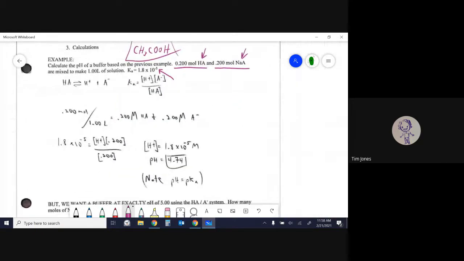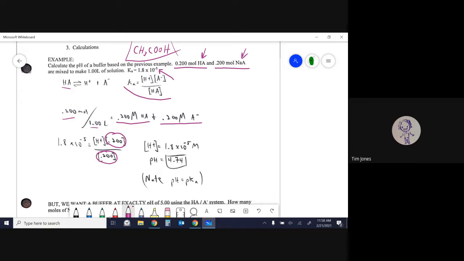Well, we're going to focus on the acid for a moment. HA does what weak acids do. Here's the Ka expression. Take the moles, divide by the volume, which is pretty convenient this time, and we get 0.2 molarity weak acid and 0.2 molarity conjugate weak base. Plug those into the Ka expression here and here.